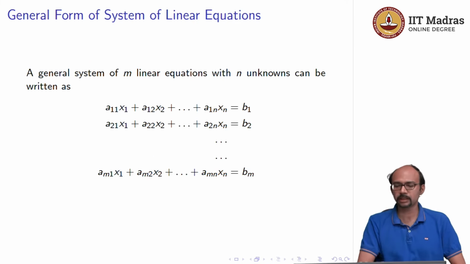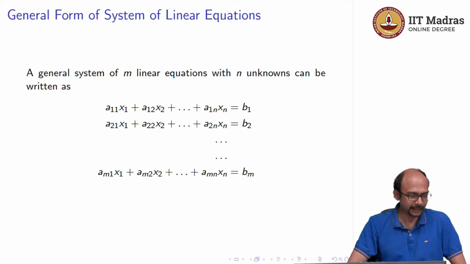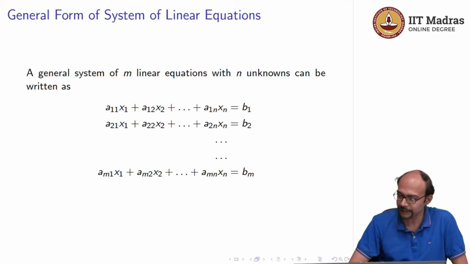What is the general system of linear equations? You have m linear equations, that means m equations, and you have n unknowns, x1, x2, xn. We write these as a11 x1 plus a12 x2 plus a1n xn is b1, a21 x1 plus a22 x2 plus a2n xn is b2, and all the way up to am1 x1 plus am2 x2 plus amn xn is bm.